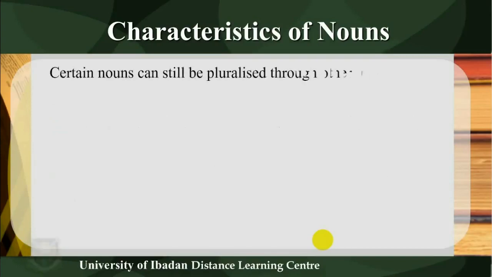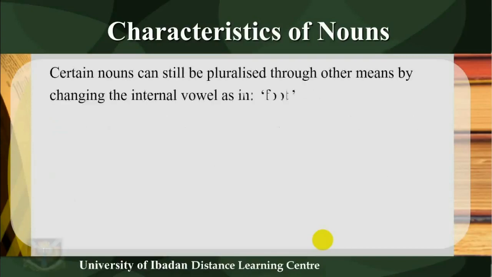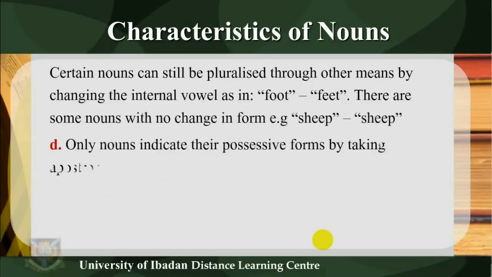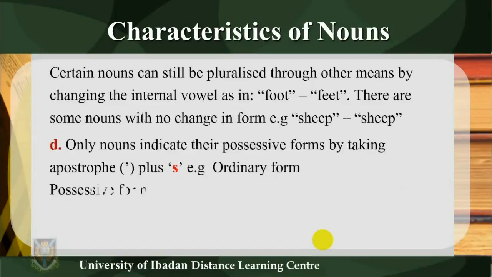Certain nouns can still be pluralized through other means by changing the internal vowel, as in foot, feet. There are some nouns with no change in form. Example, sheep, sheep. D. Only nouns indicate their possessive forms by taking apostrophe plus s.